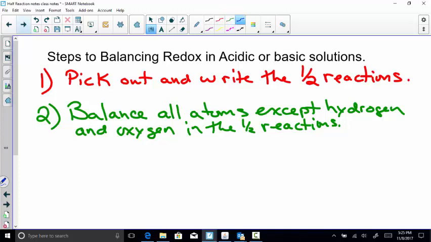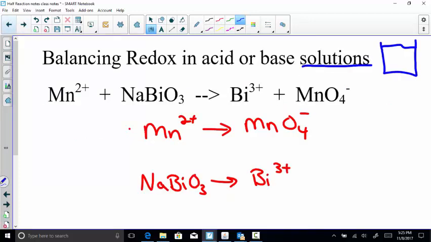So you're going to balance all atoms, but for right now, ignore hydrogen and oxygen. Going back to this half reaction, I want to balance Mn and Mn. Since there's one of each on both sides, those are balanced, so I'm done with that.